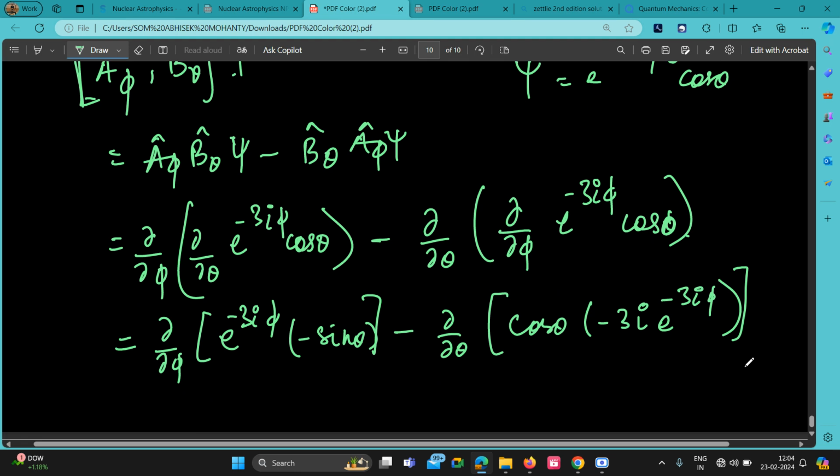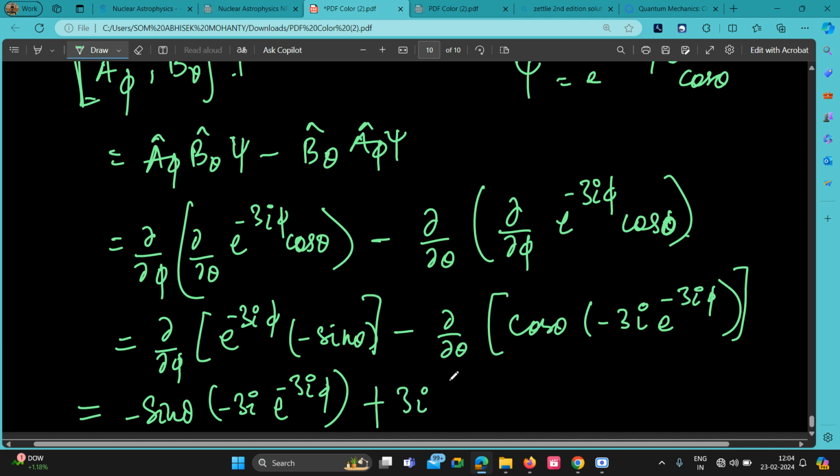Next, if you see, when you go minus sin theta, the derivative of this one will be minus 3i into minus 3i phi, minus, this is minus 1 plus 3i again, minus sin theta e to the power minus 3i phi.